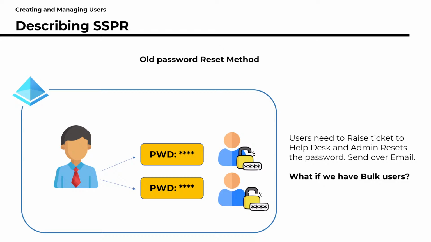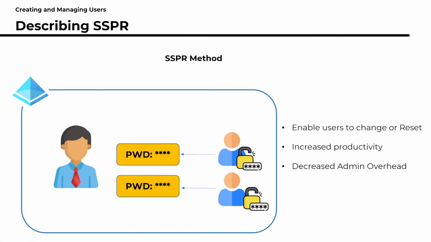To eradicate all this, Azure has come up with a service called SSPR, where the user can directly change or reset their password, so that productivity will be increased. They no need to create a ticket to the IT team, no need to wait for the approvals, and no longer need to wait for the IT team member to pick up the ticket. From the IT team end as well, their workload will be gradually decreased, because password reset and password change requests are no longer coming up to them.